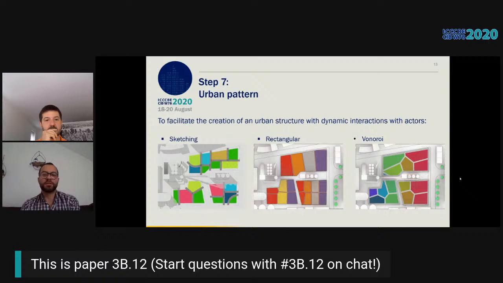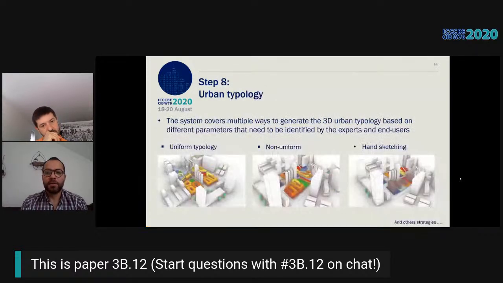And then we start another interaction, which is related to the urban pattern or urban structure, where they can choose between different structures, or they can get to manual sketching, a rectangular urban pattern or other patterns that can also be implemented.